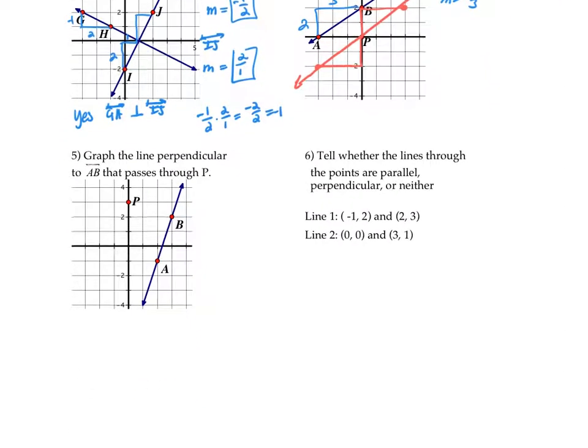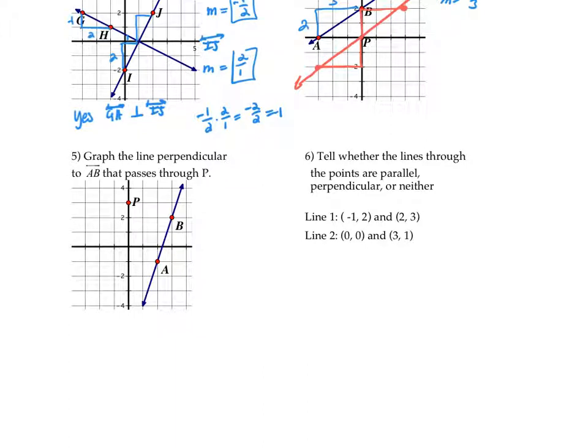In number 5, we're graphing a line through point P perpendicular to line AB. The slope of line AB would be 3 over 1. Our new slope, so that our line is perpendicular, would have to be the negative reciprocal. The reciprocal of 3 over 1 is 1/3, and we have to have a negative slope so that it will go in the other direction.